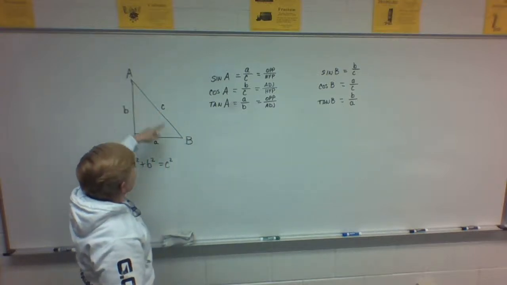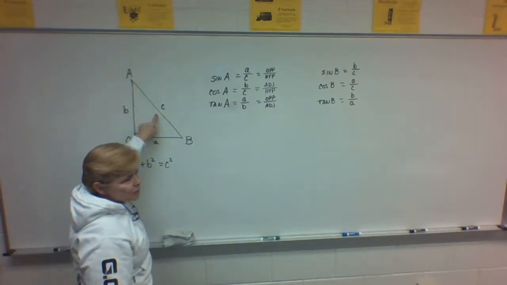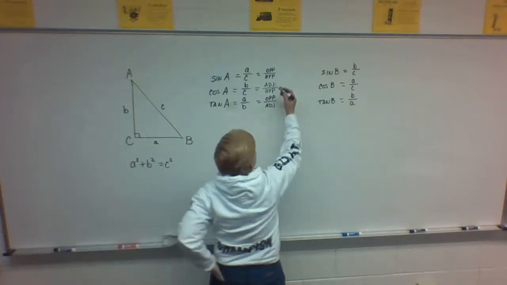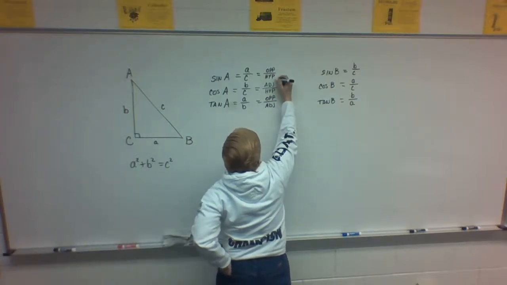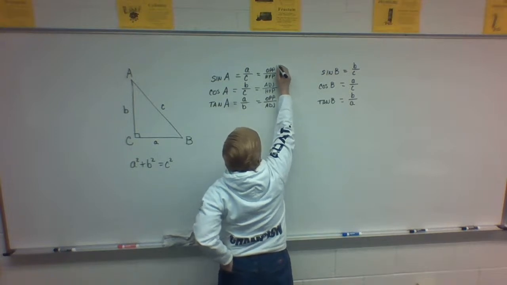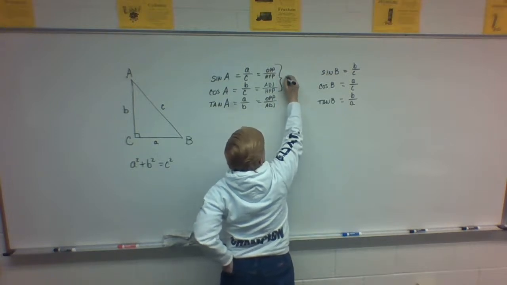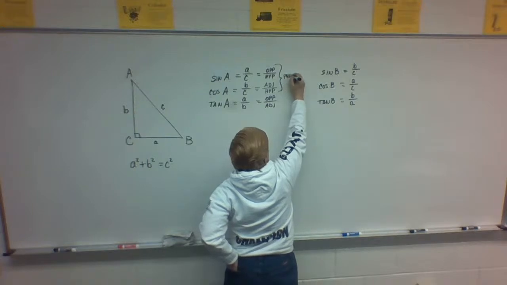The hypotenuse of any right triangle is always, without fail, the longest side, right? Y'all agree with that? Then if the hypotenuse, which is the biggest number for the sides, is in the denominator, the opposite and the adjacent are somewhat less than that. These will always be proper fractions. In other words, less than 1.